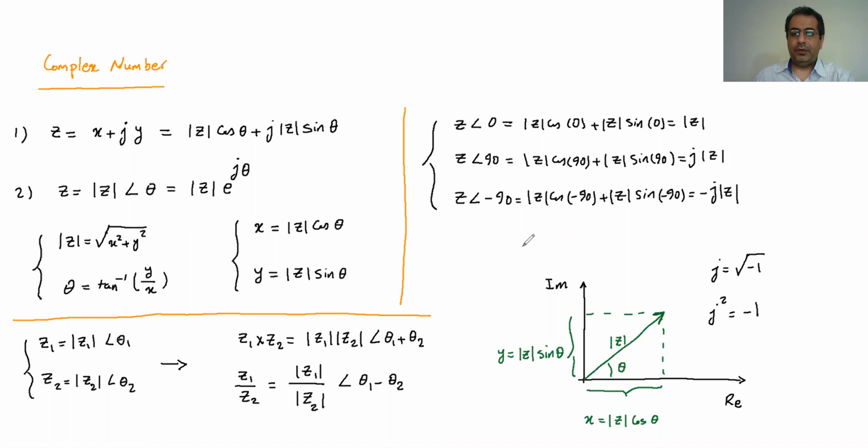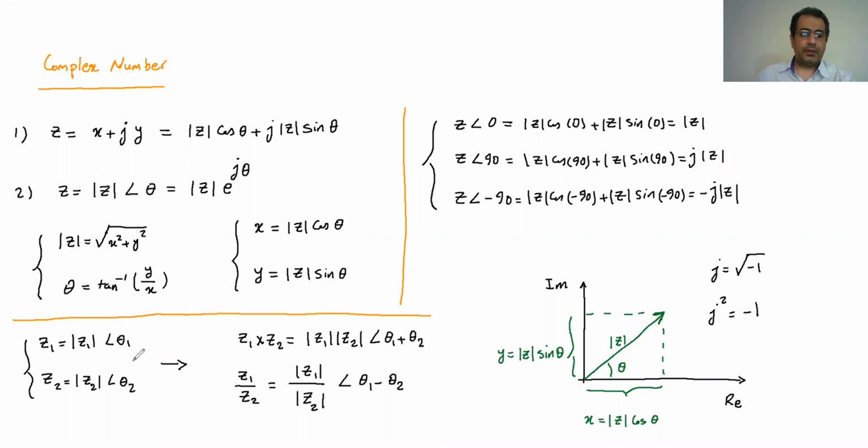Z with the angle of 90 means the vector is right on the imaginary axis upward, so it's just j times the magnitude of z. And z with the angle of -90 means the vector is going downward, so it's negative j z. Memorize these three, because throughout the calculation we use them a lot.